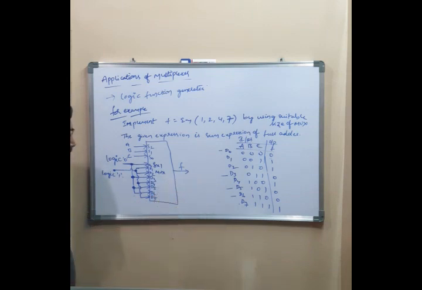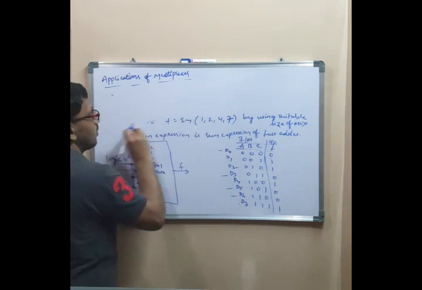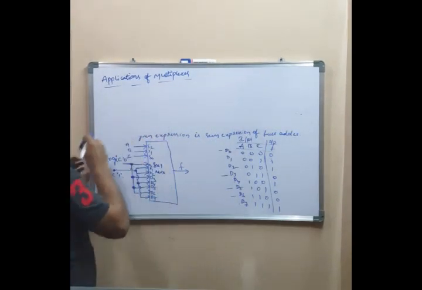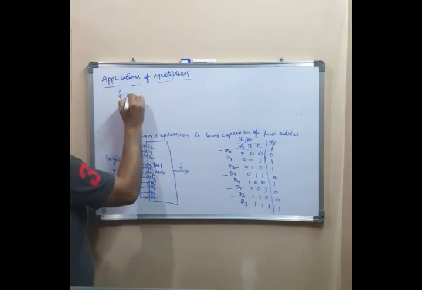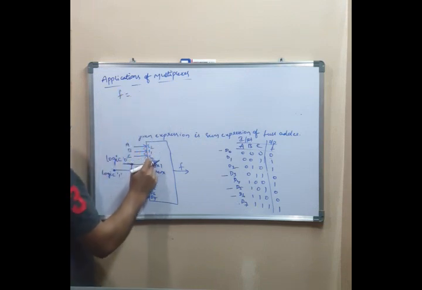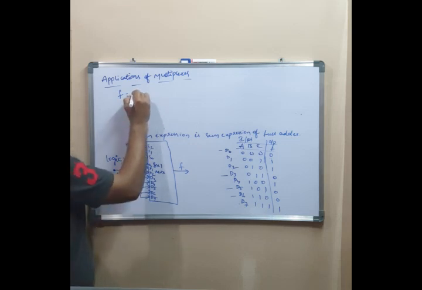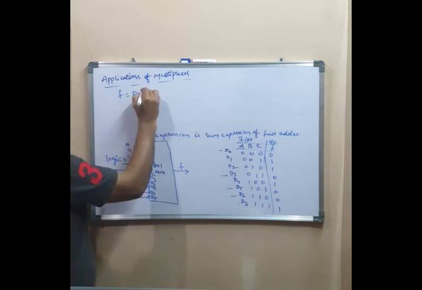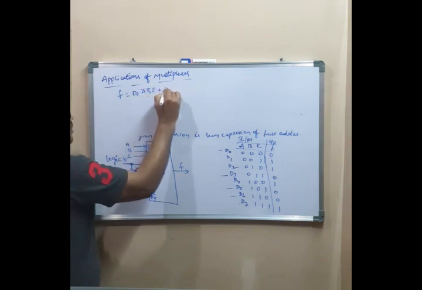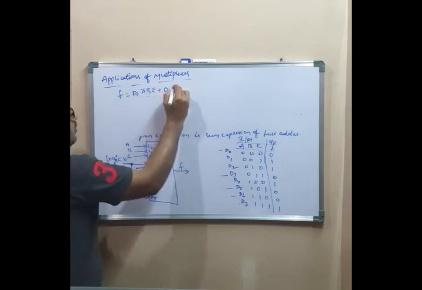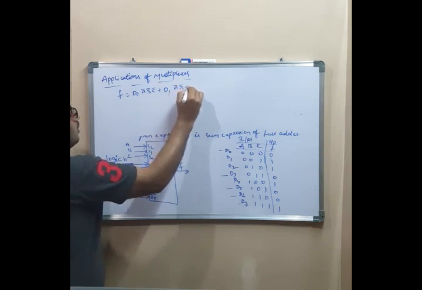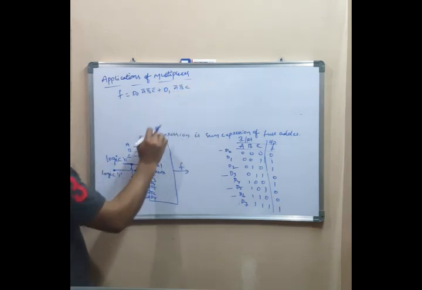F is equal to, what is the expression we have? If you are interested, you can write the complete Boolean function. That is F is equal to, S2, S1, S0 are treated as ABC here. D0 into A bar, B bar, C bar plus D1 into A bar, B bar, C. In place of A, you can write S2. In place of B, you can write S1.